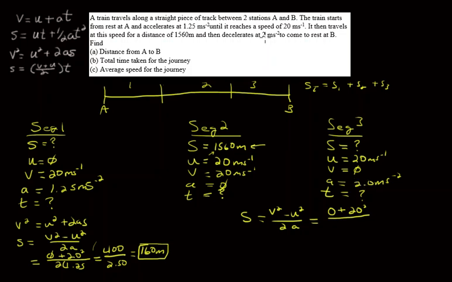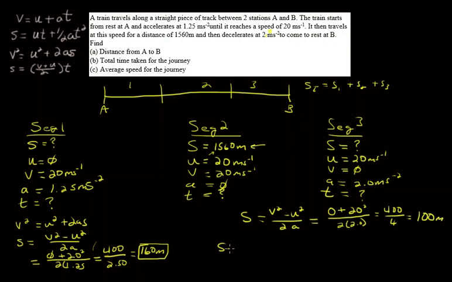And it doesn't say 2.0 here, but we're going to assume that. That is a pretty bad way to write that. All right, 20 squared over 2 times 2.0, and it's going to be 400 divided by 4, which equals 100 meters.